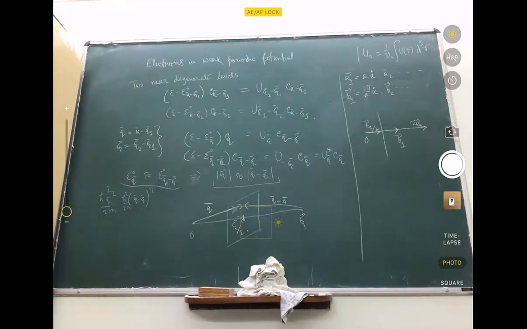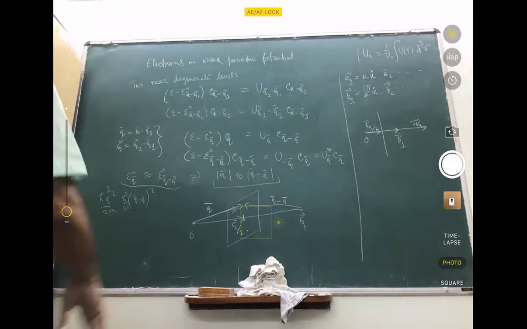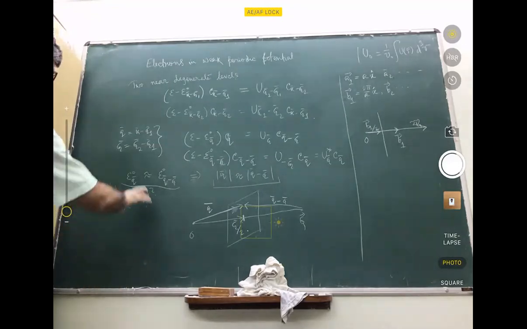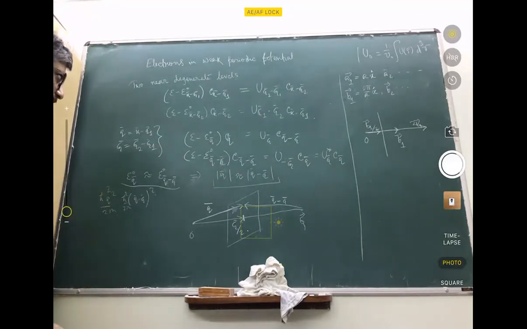All right. Let me finish this part, then we'll stop today. Okay, so now suppose that we have a Q which is on the Bragg plane or close to the Bragg plane. Then what do we get? We have these two equations with this condition.